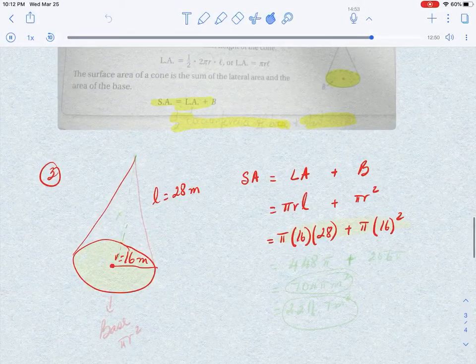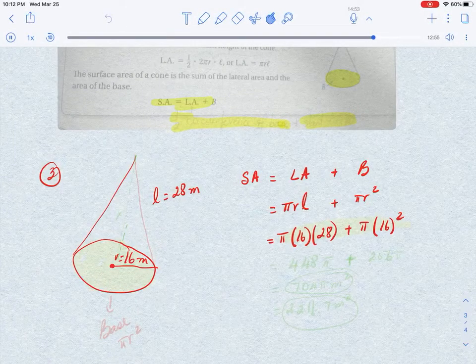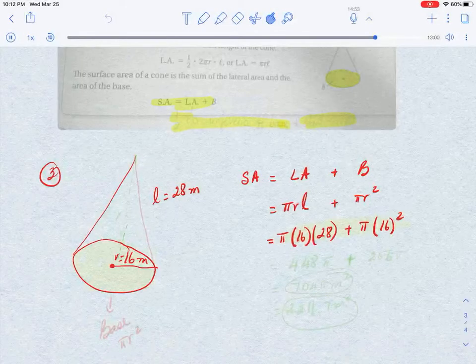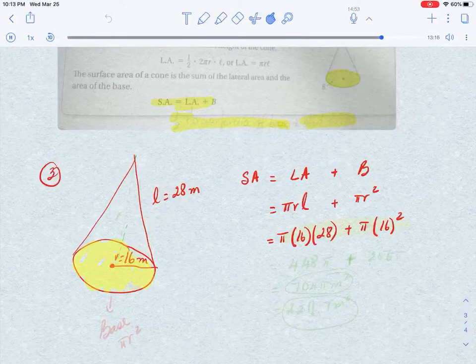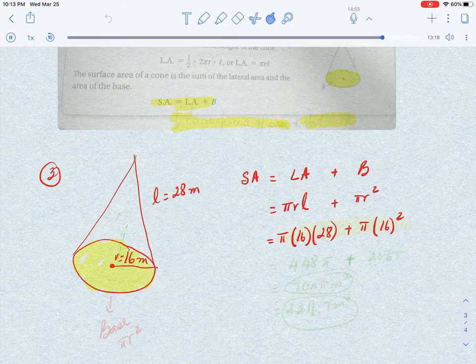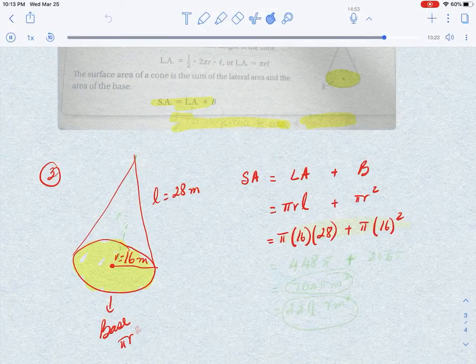Let me draw out a proper circle. They gave you a slant height, and they gave you the area of the base, which is pi r squared.